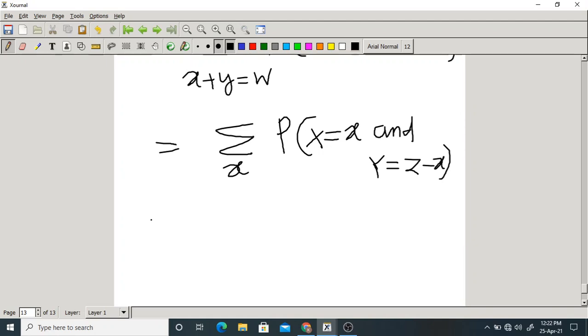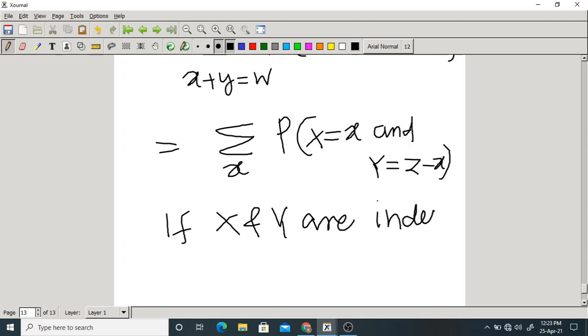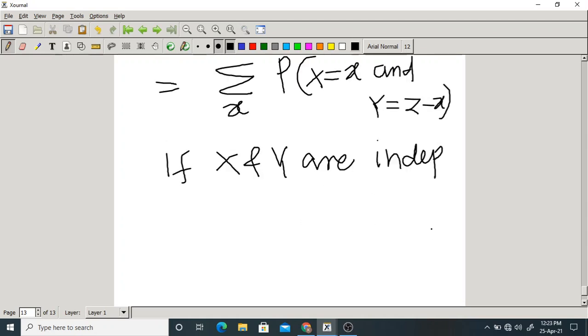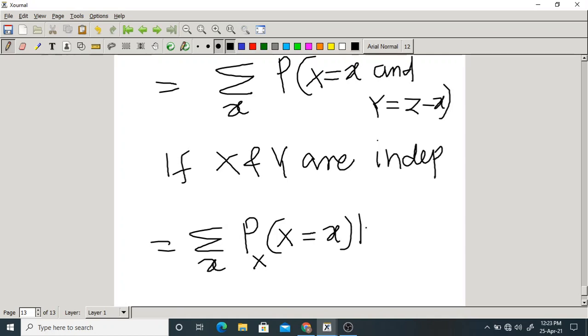Now if x and y are independent, what can you write? Summation over x, you can write separately, probability that X equal to x and, sorry, probability that Y equal to z minus x.